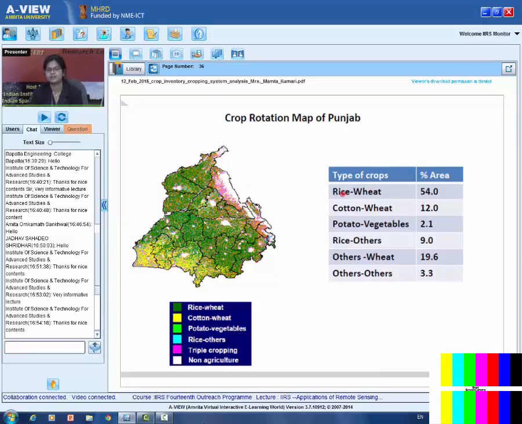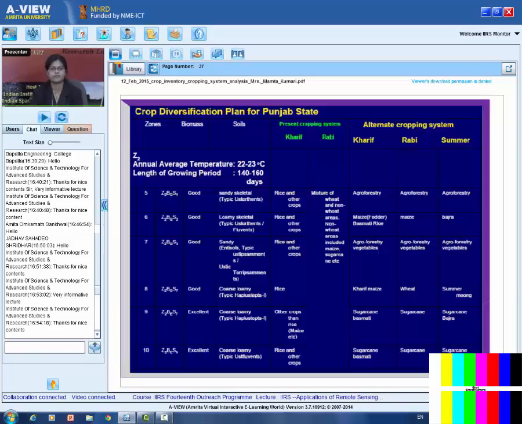We can see here most of the area is coming under the rice wheat crop system, another is cotton wheat. Both are very intensive nutrient demanding crops, and we can observe there is no inclusion of pulses or even agroforestry.